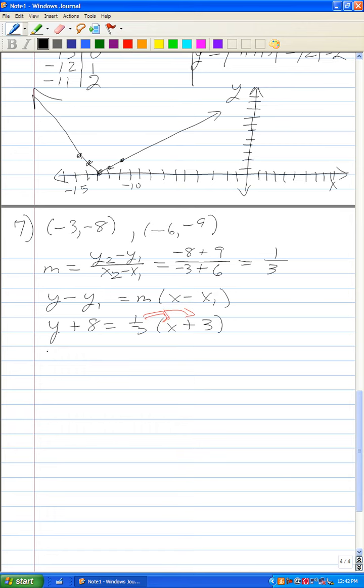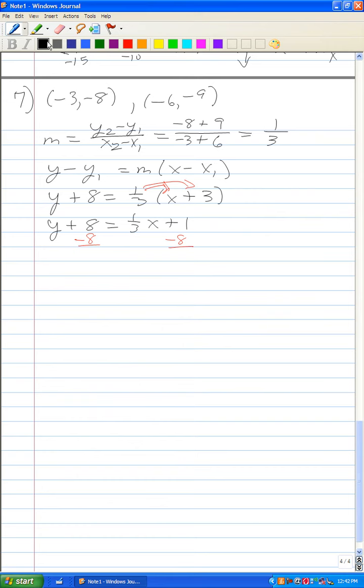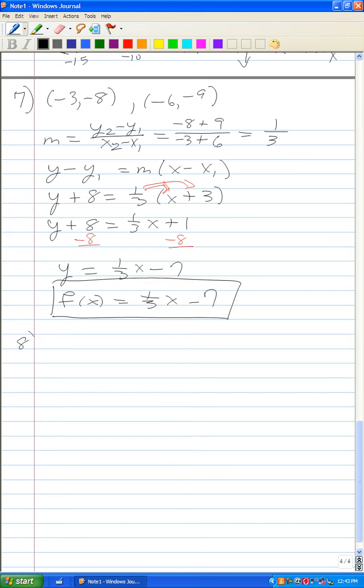And so I have y plus 8 equals 1/3 x plus 1. Subtract 8 from both sides of my equation. And so y is equal to 1/3 x minus 7. And so let's write this in functional notation. f of x equals 1/3 x minus 7. And that is your answer.